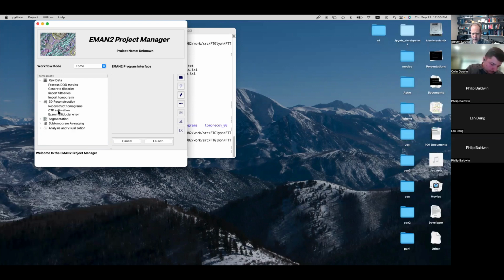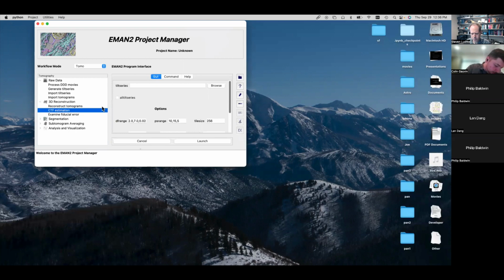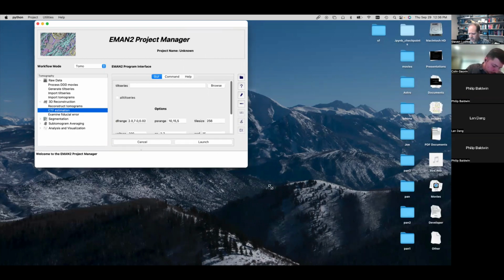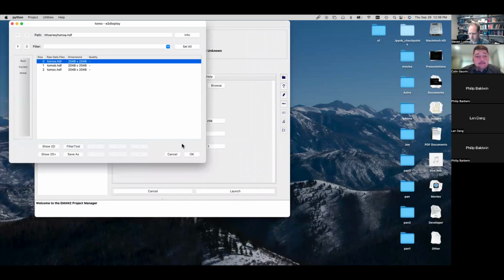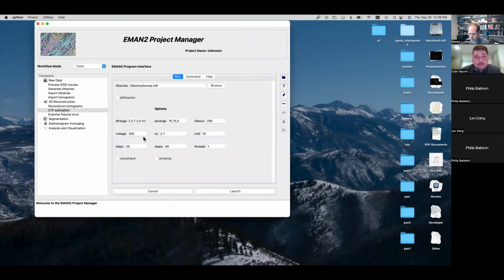Let's go ahead and run it, then we can see the information that's stored. I'm just going to run CTF estimation, on one tilt series. We need to give it the standard parameters here. The defaults are usually fine. Sometimes people try to get closer than 2 microns under focus when they're collecting their tilt series.